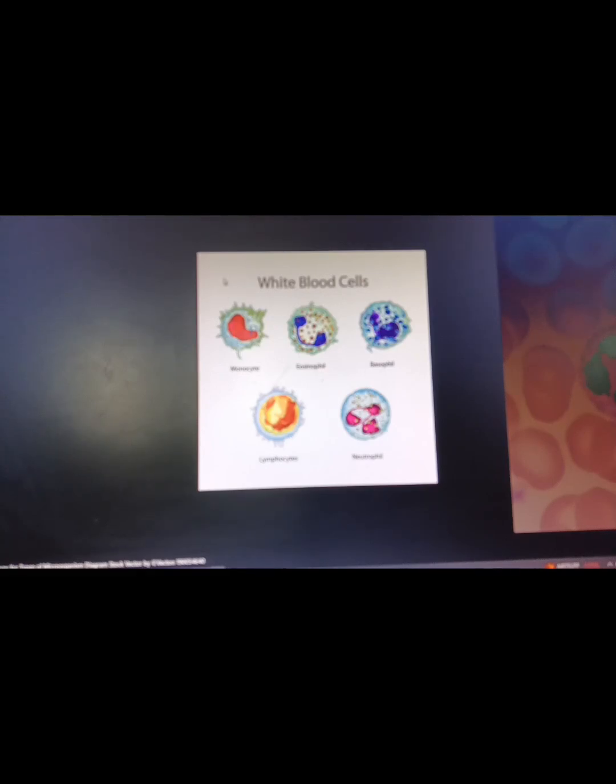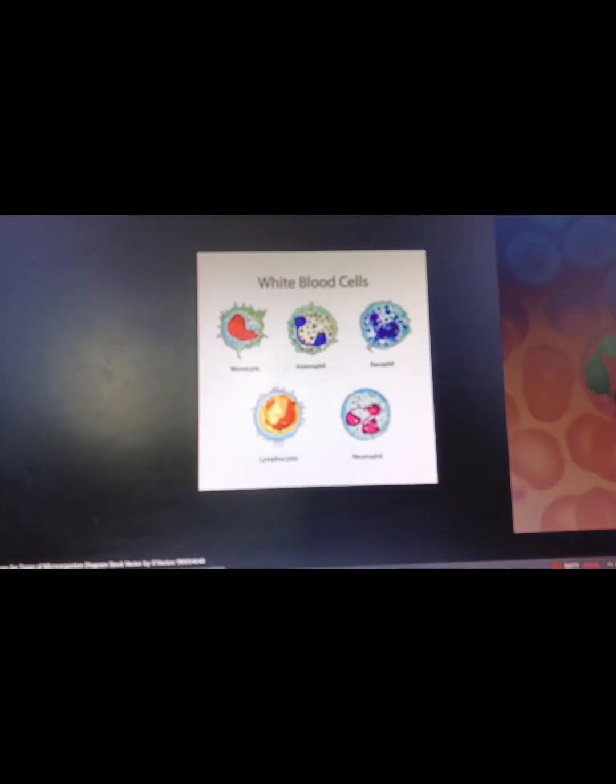Next type is agranulocytes. Under this there are two types, monocytes and lymphocytes. First we will see monocytes. Monocytes are the largest WBC. Compared to other types, monocytes are the biggest WBC. The nucleus looks kidney shaped. Look into this.